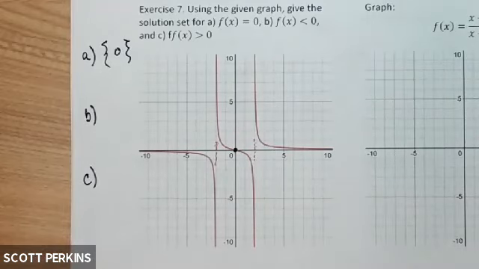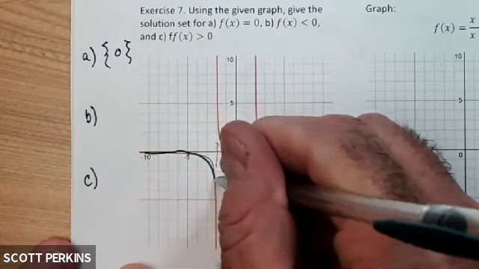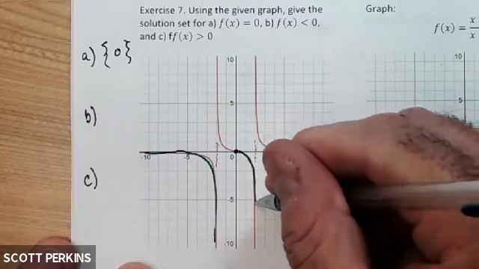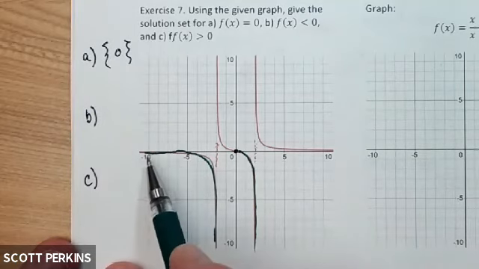So yes, I have more intervals here. So the next question is, where is this less than 0? I'm going to trace it. It's less than 0 on this part of the graph that's green now. And it's less than 0 on this part of the graph that's green. So now I have 2 intervals where it's less than 0. This one right here, what's the leftmost bound?